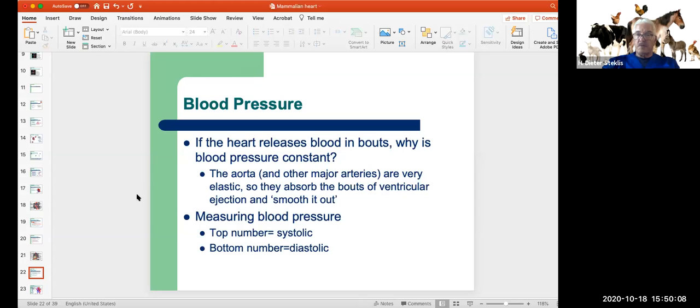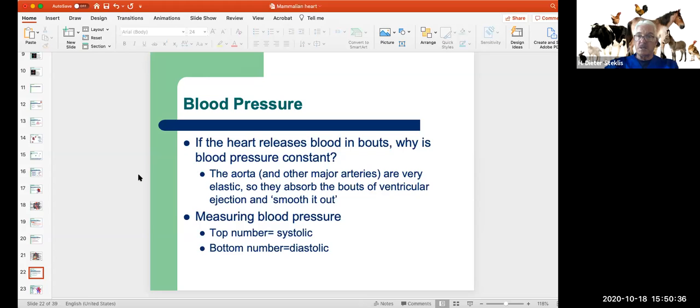If you've ever had your blood pressure taken, you know that you get a top number and a bottom number. The top number refers to the systolic portion of the reading, and the bottom number, the diastolic reading. The systolic reading is the maximum pressure at ejection, when you have ventricular contraction, that gives you that top pressure.